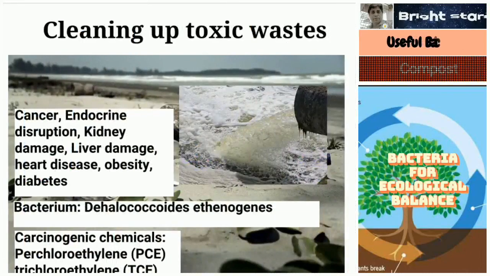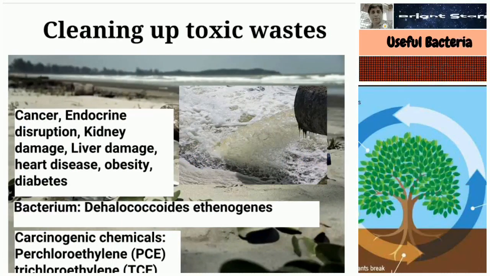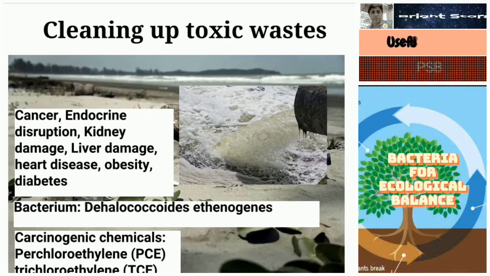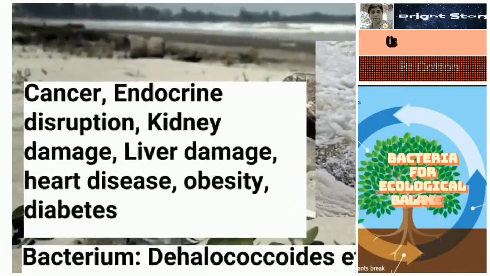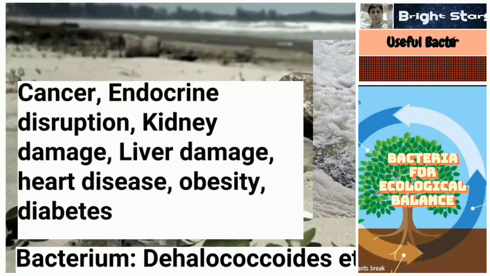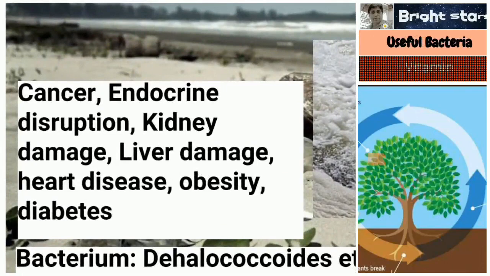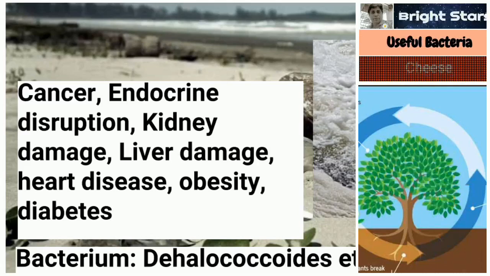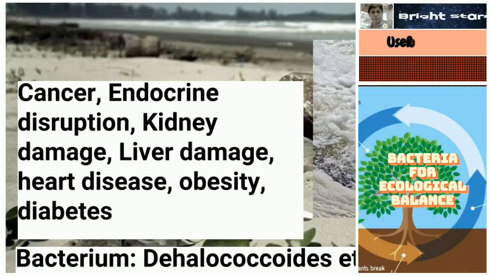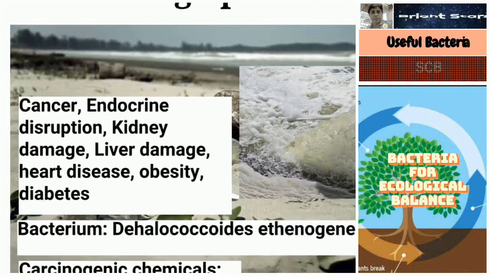They are useful in cleaning up toxic waste, poisonous waste and industrial products. In hospitals also, lots of toxic products might be released into the atmosphere. They may cause cancer, endocrine disruptions like thyroid gland problems, kidney damage, liver damage, heart diseases, obesity, and diabetes.